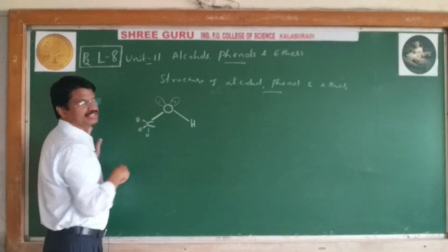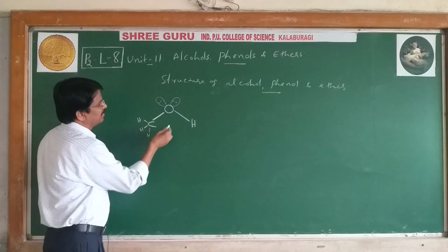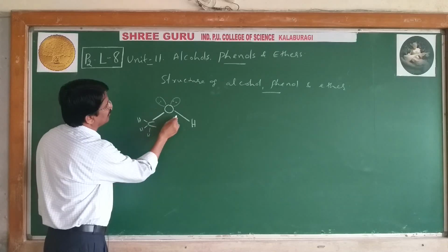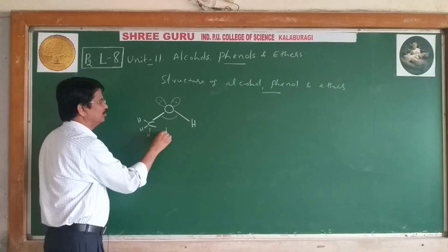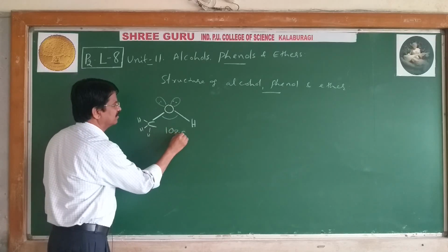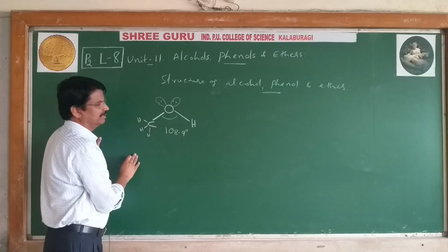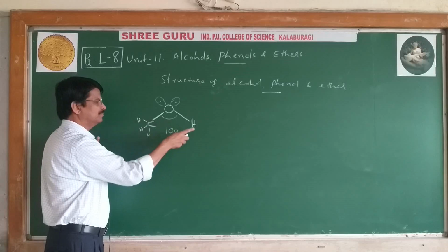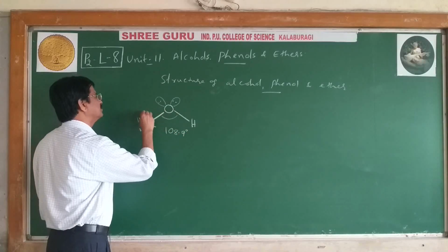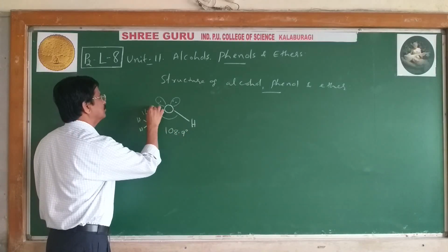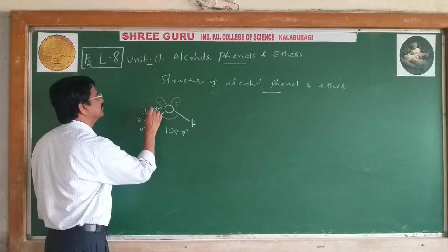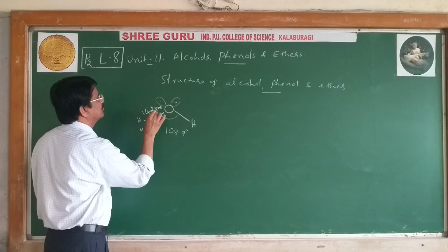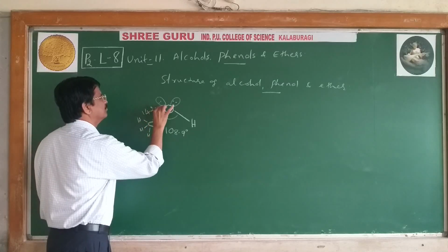Two lone pairs of the oxygen in case of alcohol, and its bond angle is found to be 108 degree 9 minute, that is 108.9 degree, and this bond length is 142 picometer.